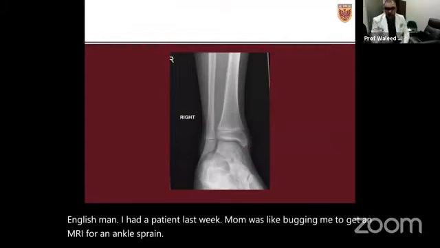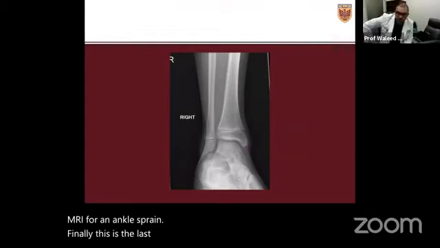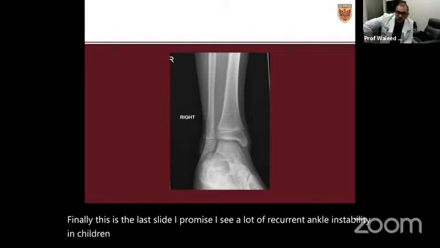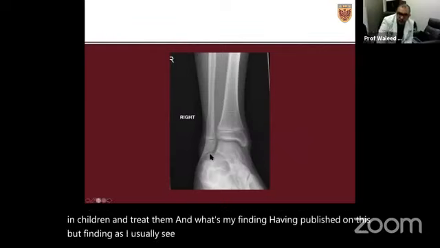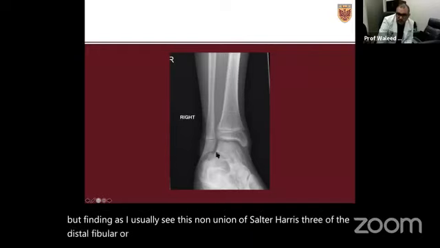Finally, this is the last slide, I promise. I see a lot of recurrent ankle instability in children. I treat them, and what's my finding? I haven't published on this, but I usually see a non-union of a Salter-Harris 3 of the distal fibula, or an avulsion fracture, which is actually connected to the ligaments, and that causes instability.